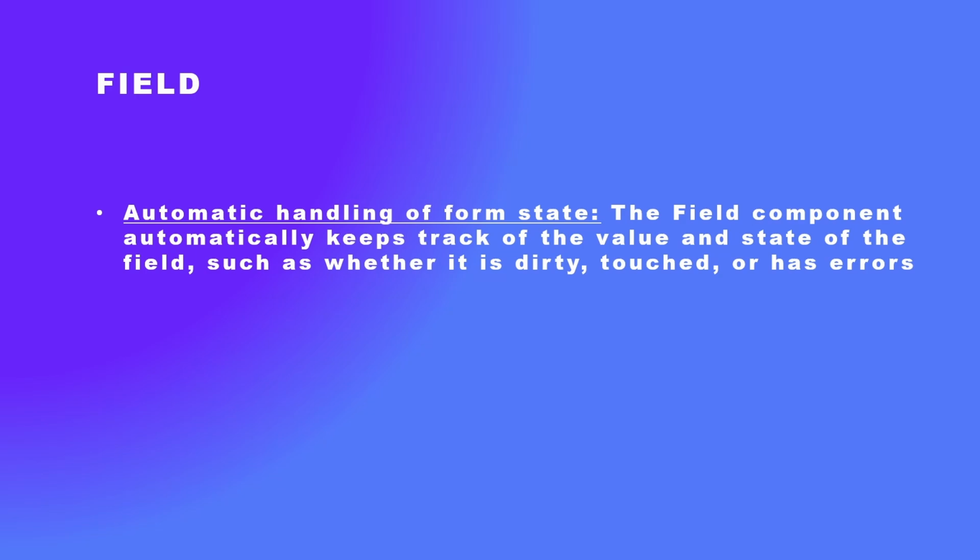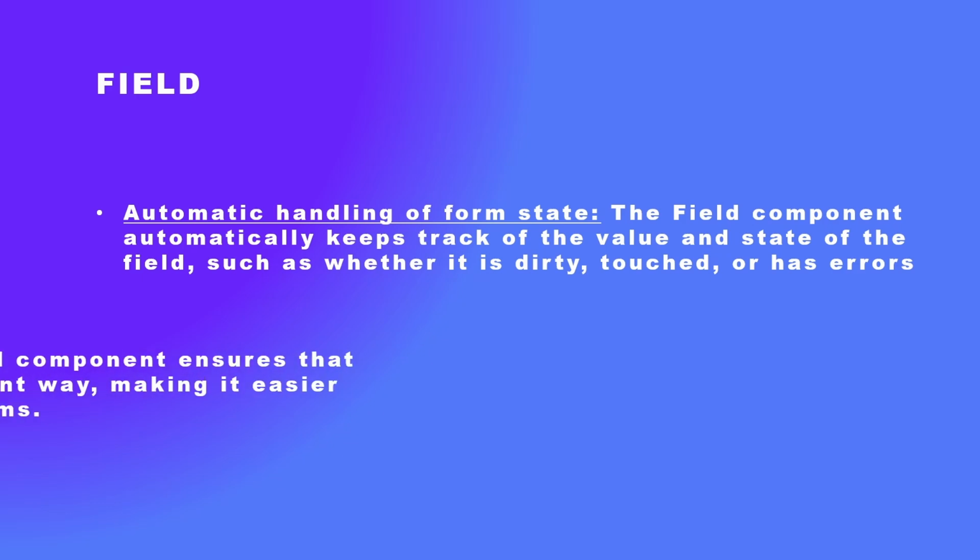Next, I'm going to explain about field in Formik. For automatic handling of form state, the field component automatically keeps track of the value and state of the field, and it will track touched and error. Touched means after clicking the input, if we remove the focus without giving input, it will return some error.